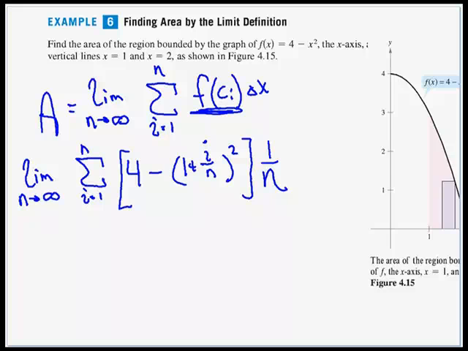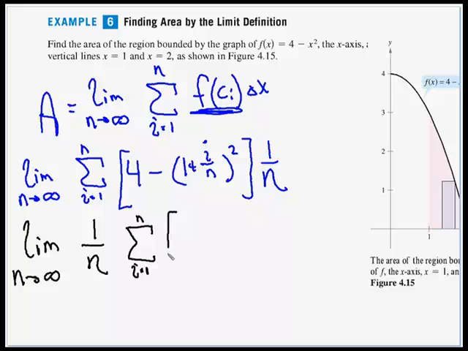Okay, let's see if we can make this a little easier to work with. We still have our limit as n goes to infinity. The 1 over n we can factor out front. And then we have our summation from i equals 1 to n. And let's see what goes on in here. We have our 4 minus, and now we can FOIL this out.